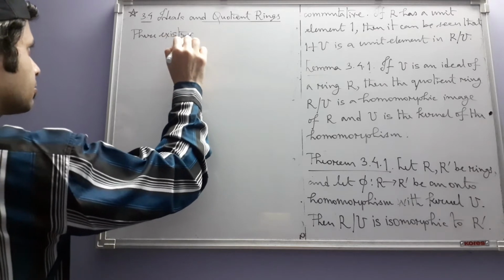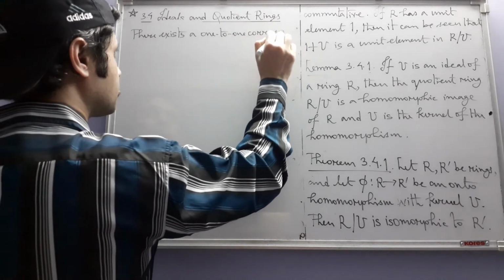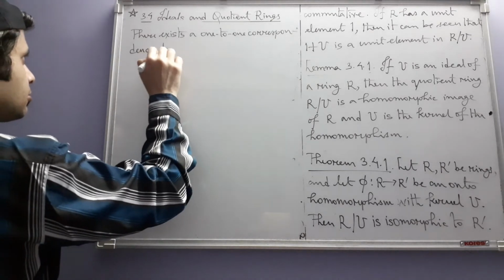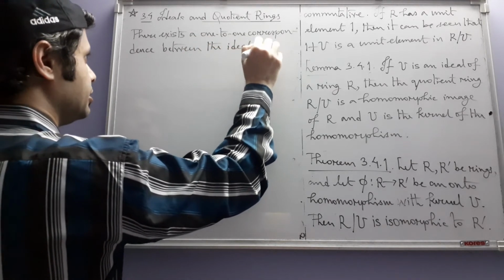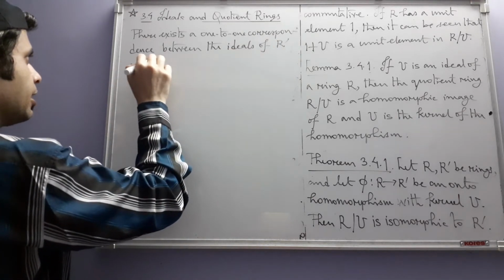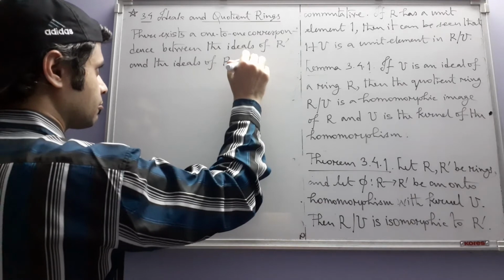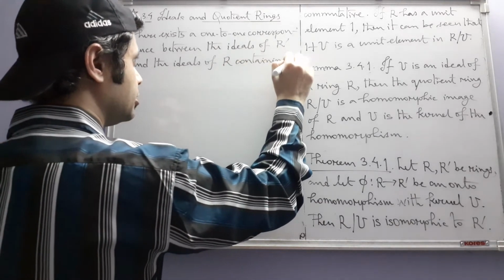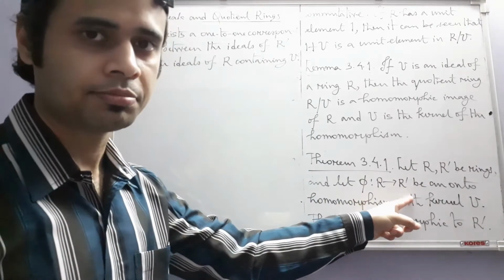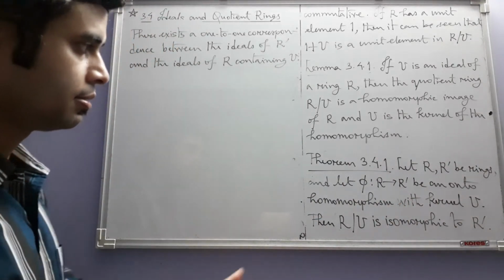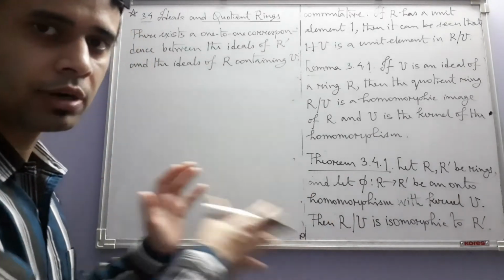There exists a one-to-one correspondence between the ideals of R prime and the ideals of R containing U. If you take the collection of all ideals of this second ring R prime, and the collection of all ideals in R such that each one of them contains the ideal U, then there is a one-to-one correspondence between these two sets.